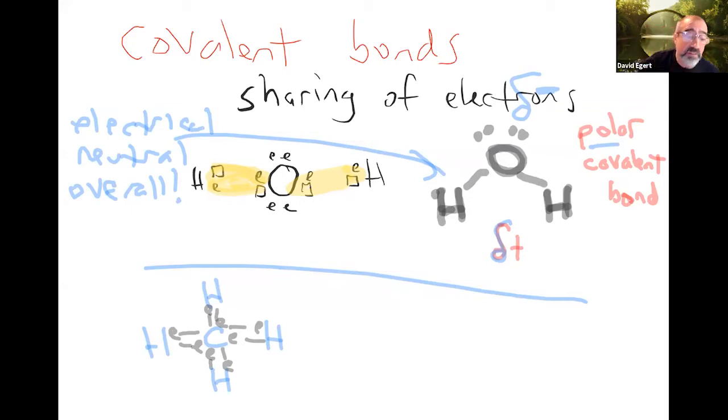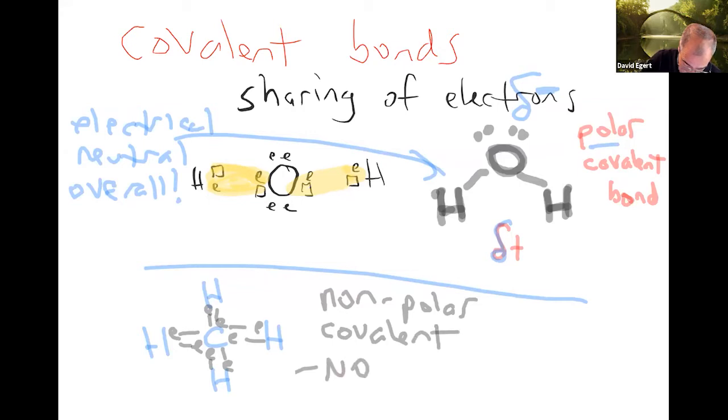The thing about this situation, though, is everything is totally symmetrical. There's no up or down or side or back to this thing. It becomes this little tetrahedron. This would be called a non-polar covalent bond. There's no charge imbalance.